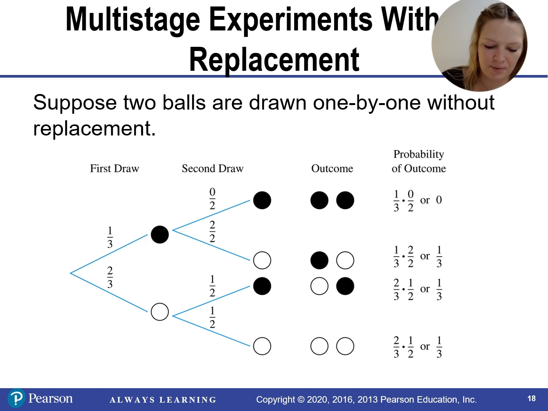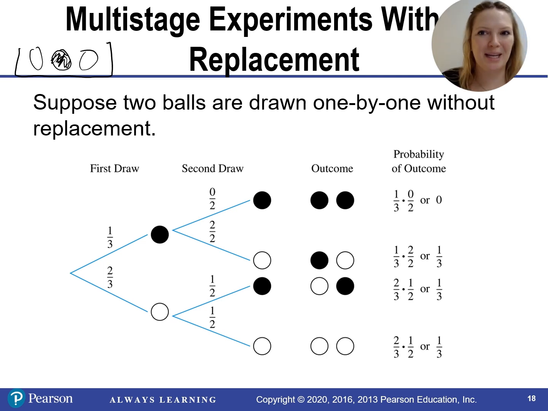Remember, our original experiment had 1 black ball and 2 white balls. So if we draw a black ball to begin with, then we are not going to put it back. That means the only possible outcome of the second draw is this 2 out of 2 probability of getting a white ball.